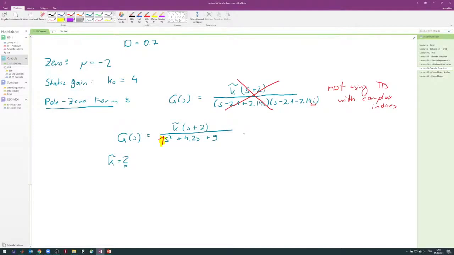Anybody has an idea? So nothing has changed, right? The static gain needs to stay the same. It needs to be 4. What do we have here? If you let s go to 0, we have 2 over 9, which is definitely not 4.